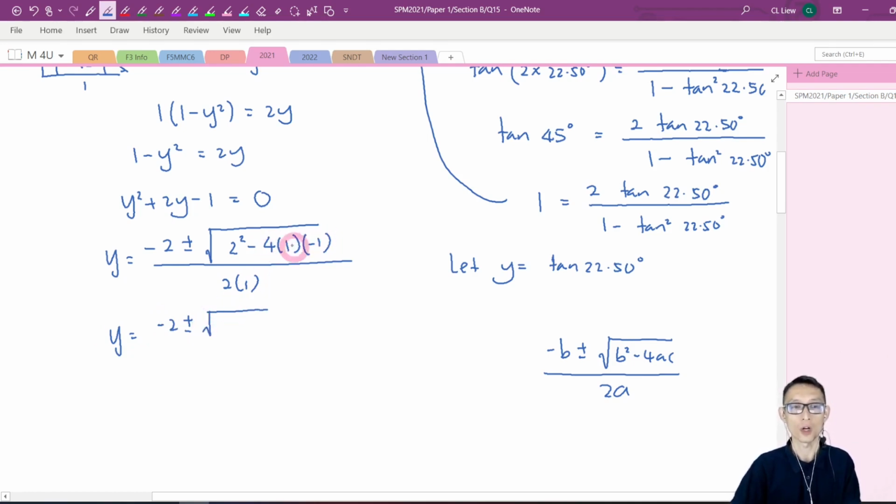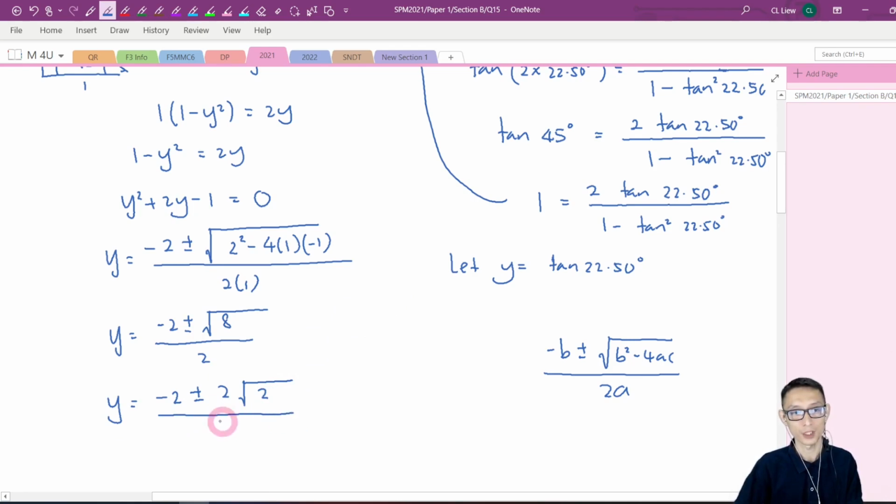Okay, for 4 times this, you will get positive plus 4. Okay, this you will get 8. You can just press your calculator, or if you want to calculate manually, it will become like this. Why suddenly does it become like this? Because the square root of 8 is actually equal to the square root of 4 times 2.